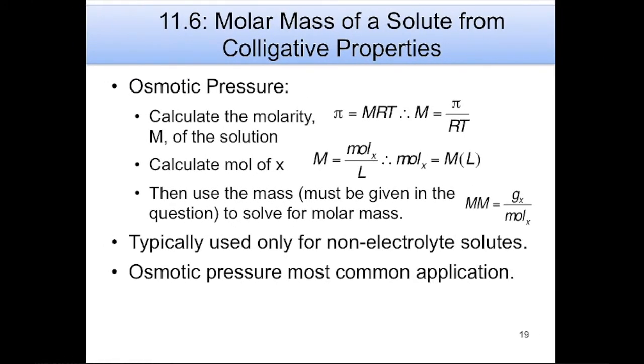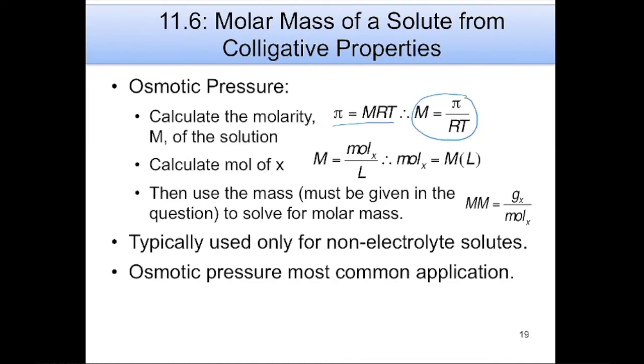Okay, so one of the applications of colligative properties is to determine molar masses of solutes. The most common application of this is through osmotic pressure. So using the osmotic pressure equation, the first step would be to solve for molarity. We're just rearranging the equation to solve for molarity.